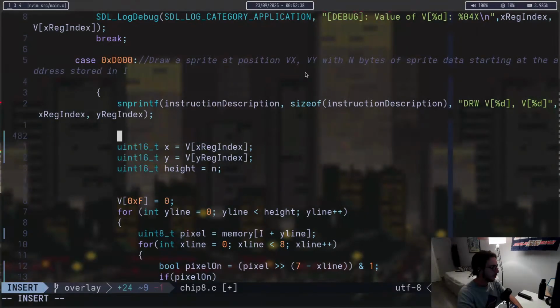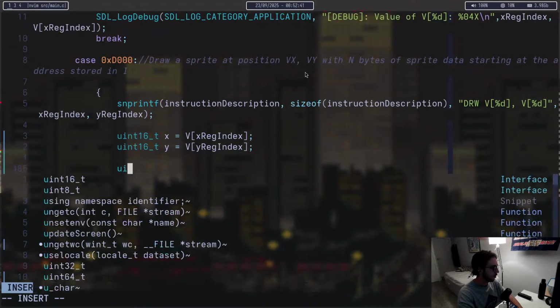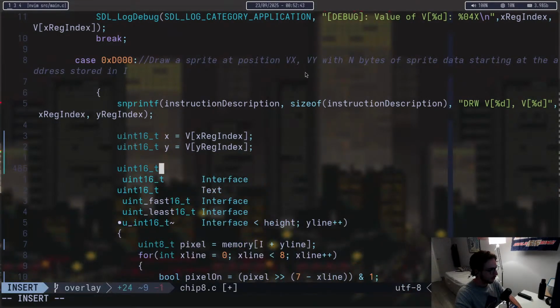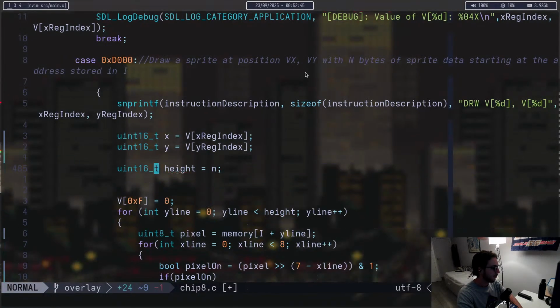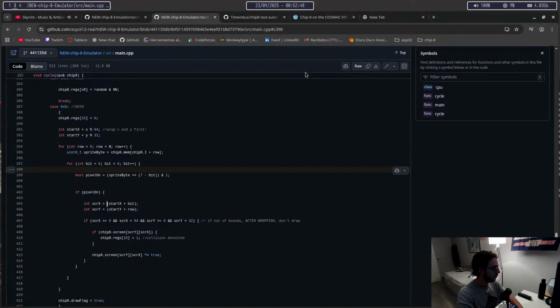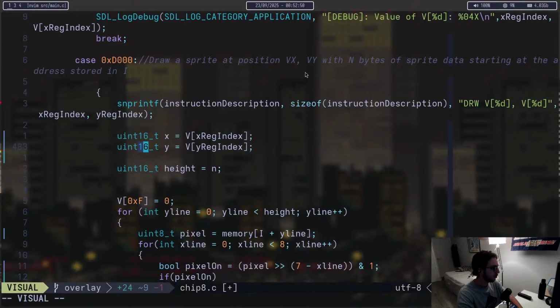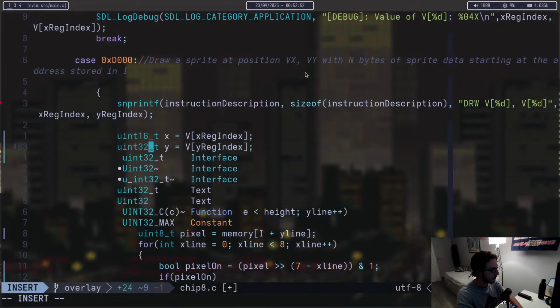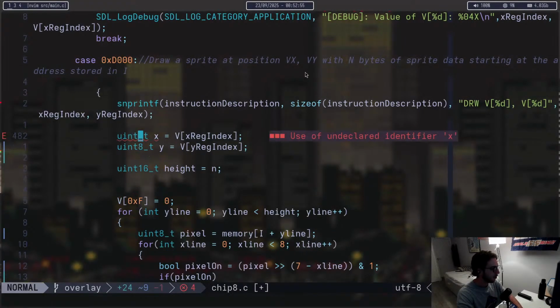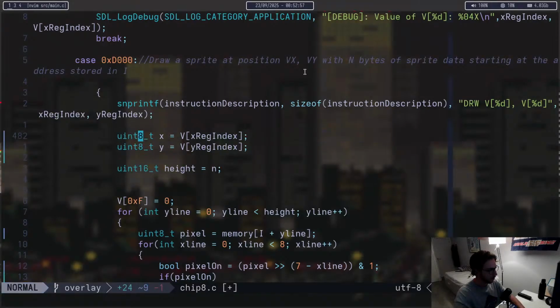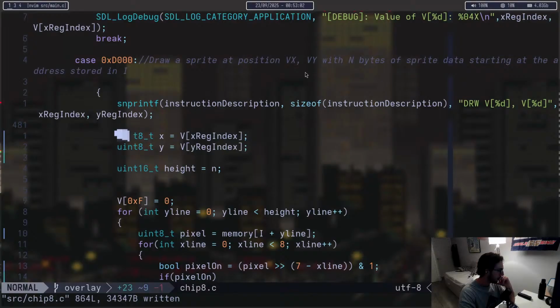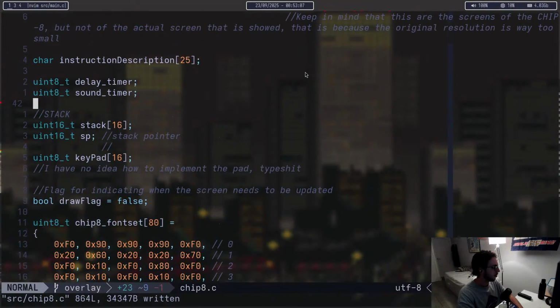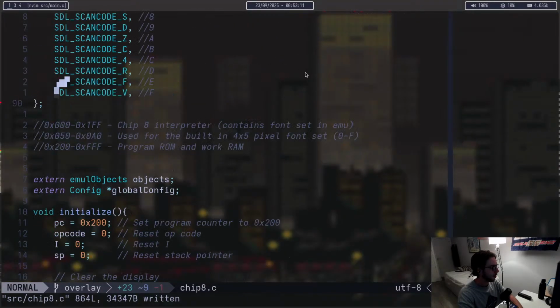And then do something like, to be honest, this should be, not that this would have anything to do with it, but it should be 8, and this would be 8, right? Because registers are only 1 byte, if I'm not mistaken, right? Yeah, only 1 byte.